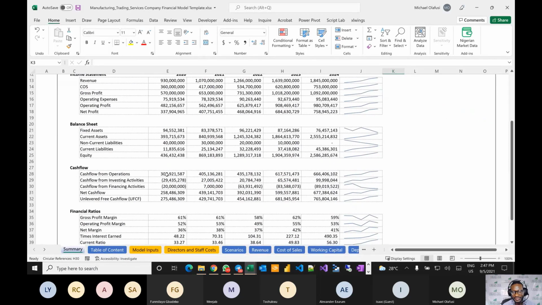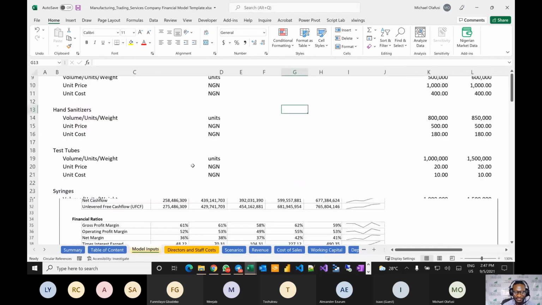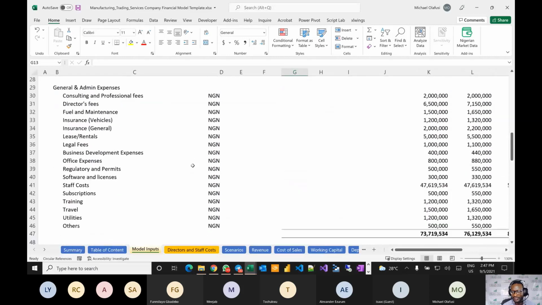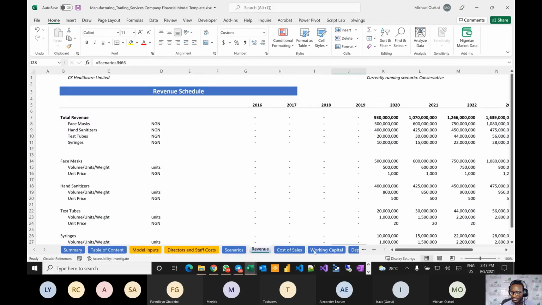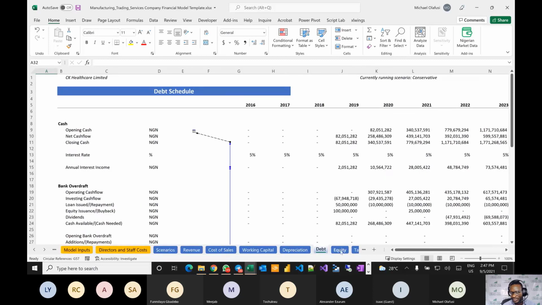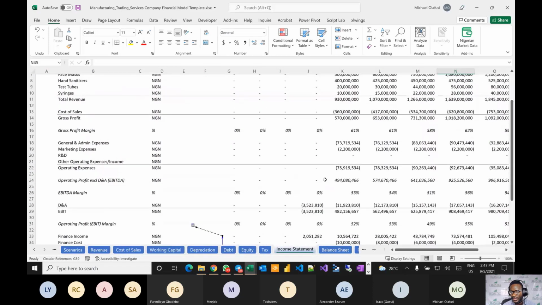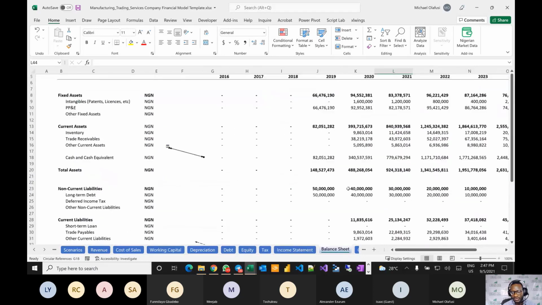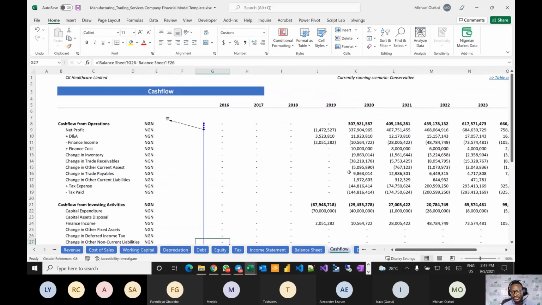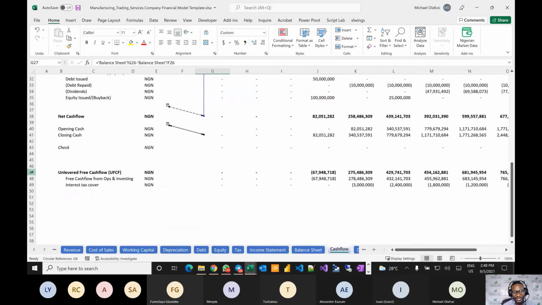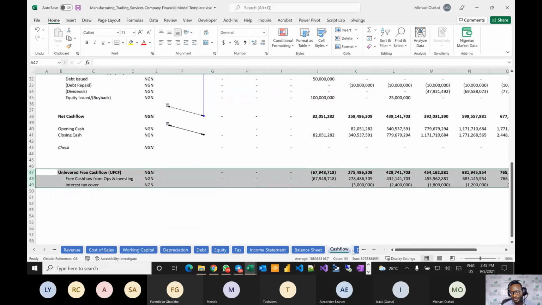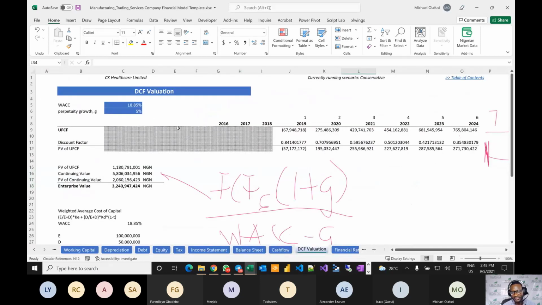So we've done all the plan, what you're going to do, expenses for the next 6 years, revenue. We've done all this very intensive amount of work to get what your income statement will look like, what your balance sheet will look like, to get eventually what your cash flow and your free cash flow is going to be. And that's now what we are going to plug in as the free cash flow.